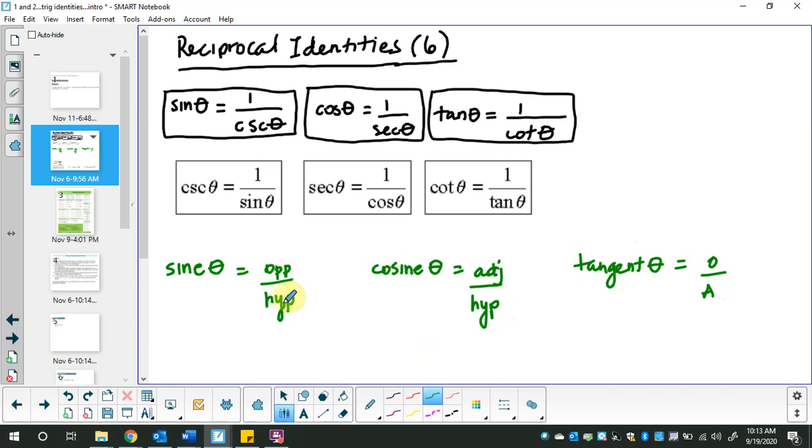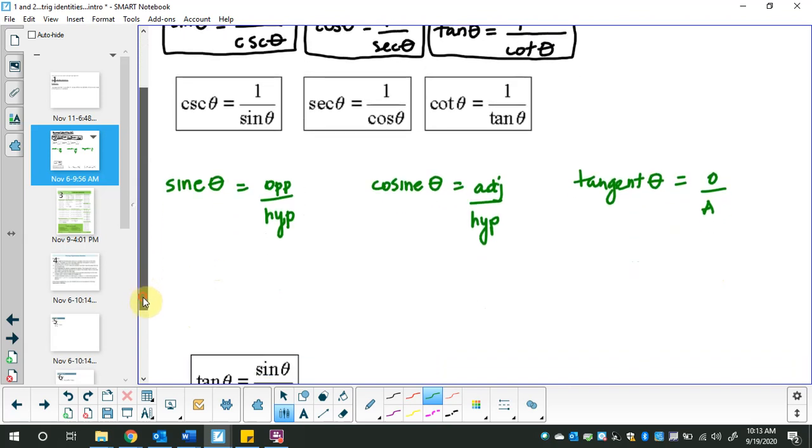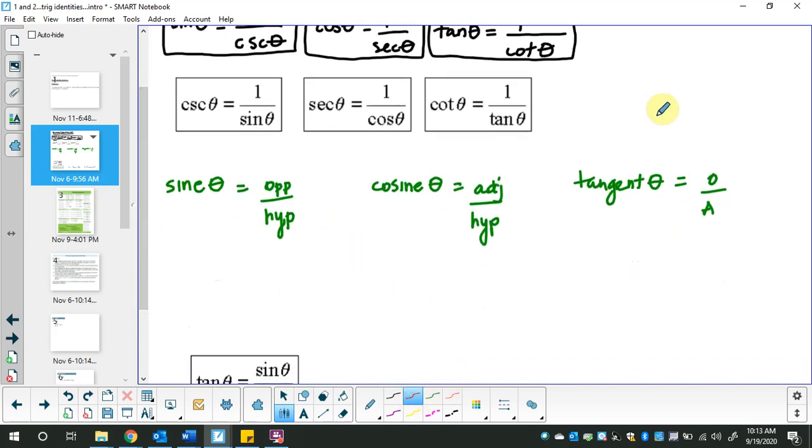So I've sort of written them out here and then abbreviated in this case, but I've written sine in full, still with a theta, cosine in full with a theta, and tangent in full with a theta. What your experience might not include is that these 3 right here are called primary trig ratios.